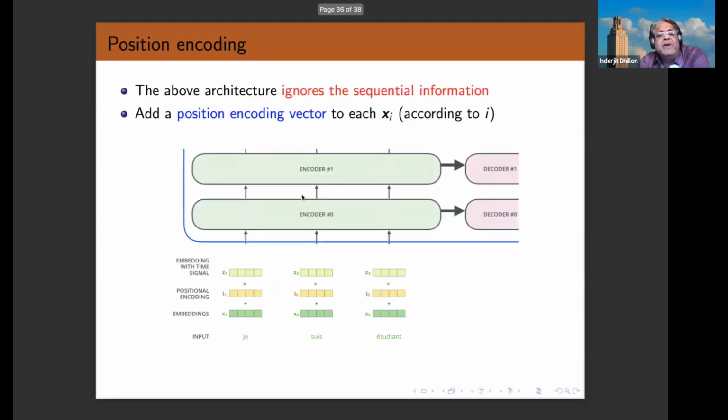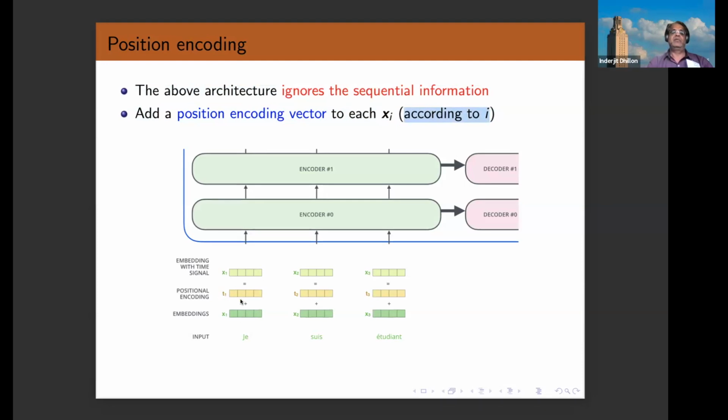So typically what happens is that you do a positional encoding. Not only do you have an embedding of each word, but you also have an embedding of the position. What we've talked about till now ignores the sequential information. What you can do is add a positional encoding vector to each x_i, the embedding of the input word i, okay? And the position encoding depends only upon the position i.